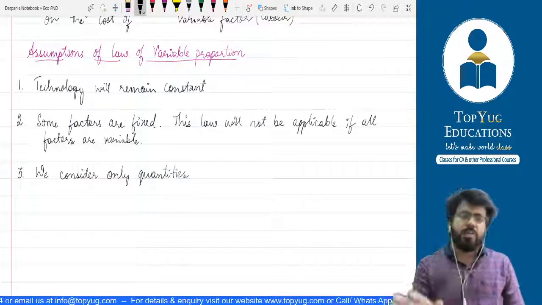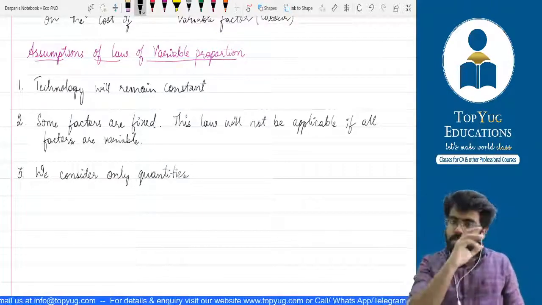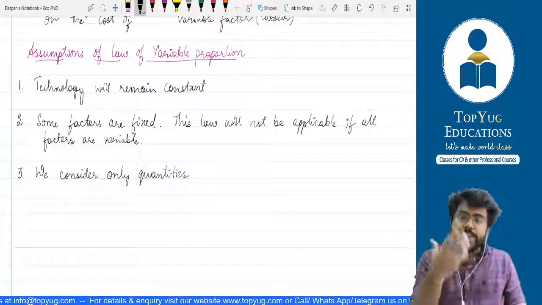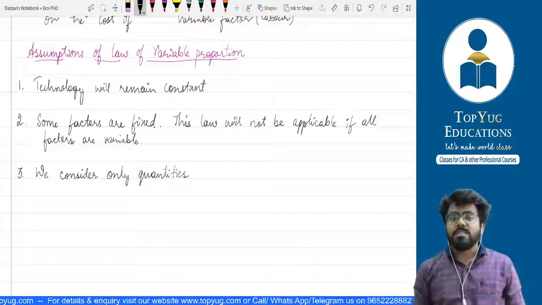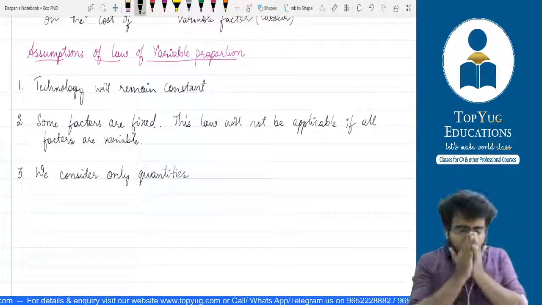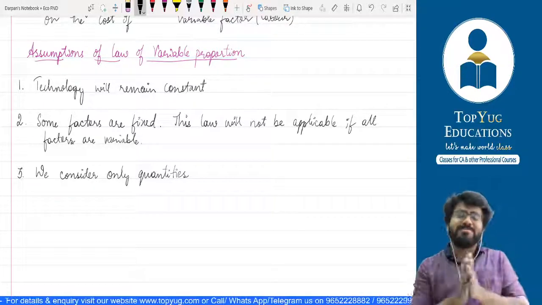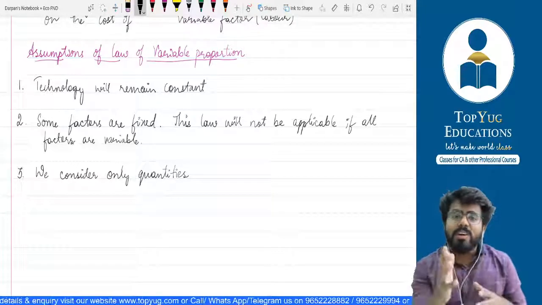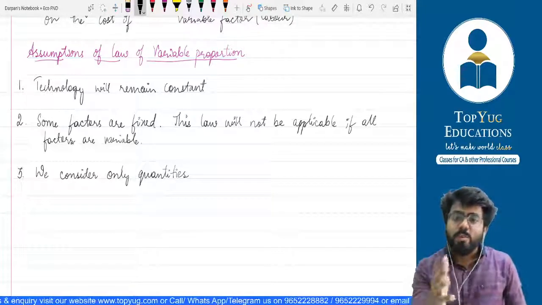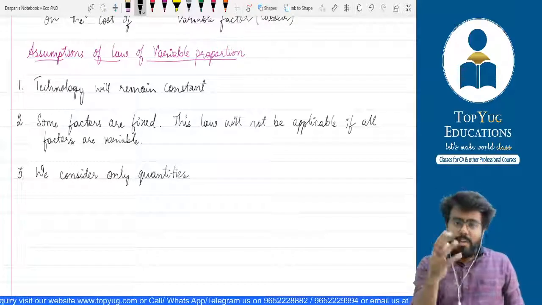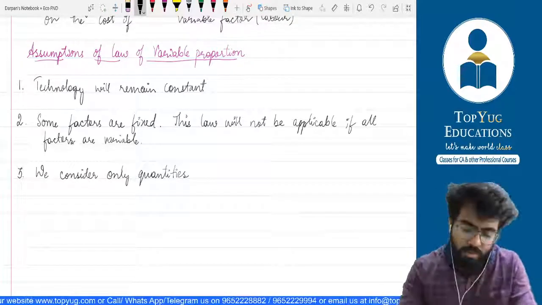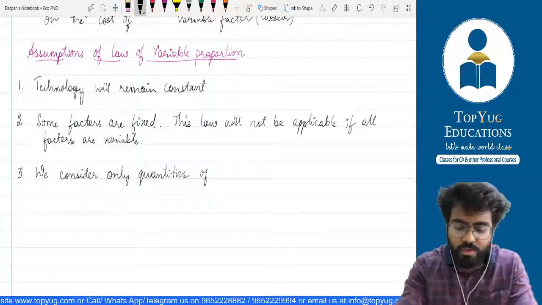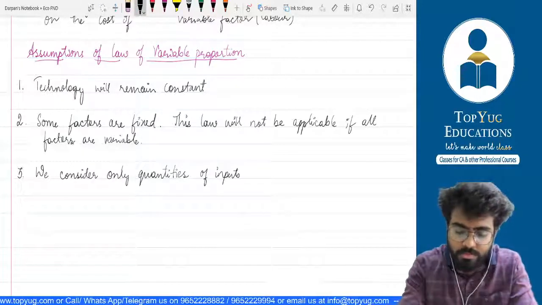No, I have not compared revenues, I have not compared costs, I have not involved monetary terms. What am I seeing? I am only seeing quantities of production and quantities of labor. Am I involving monetary terms? No, I'm only seeing quantities. So write down, we consider only quantities of inputs and outputs.